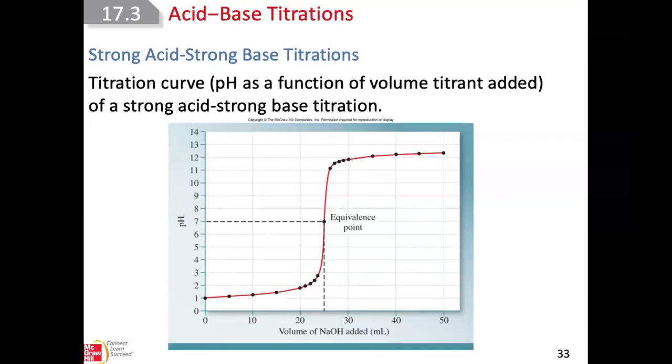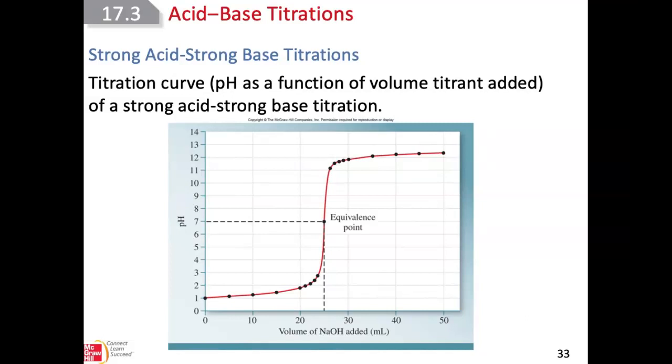So from here, you will understand that in the beaker we had an acid, and the NaOH was in the burette. When the volume of NaOH was 0, the pH is very acidic. It's 1.